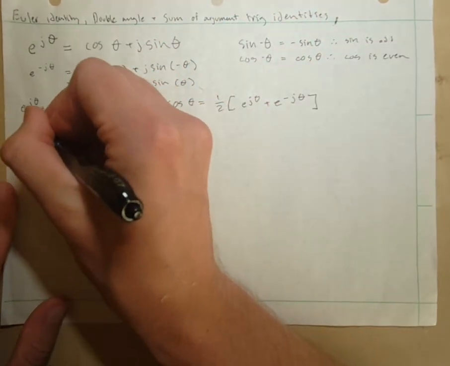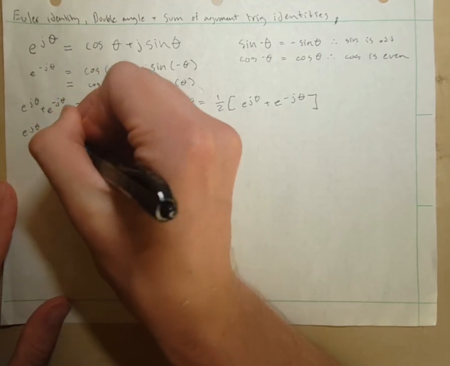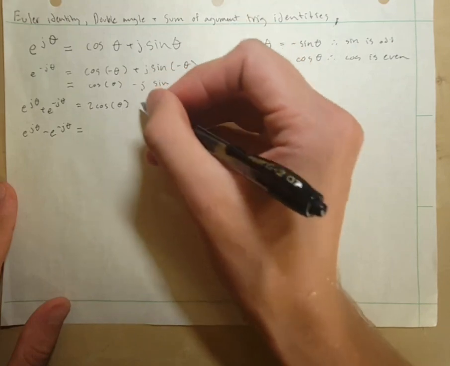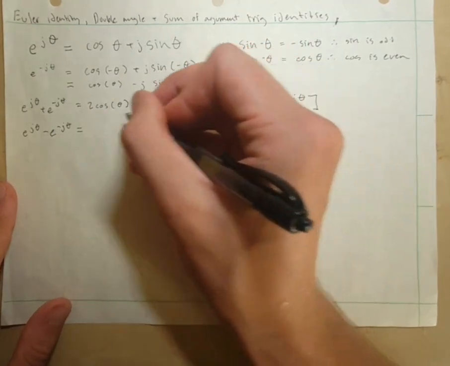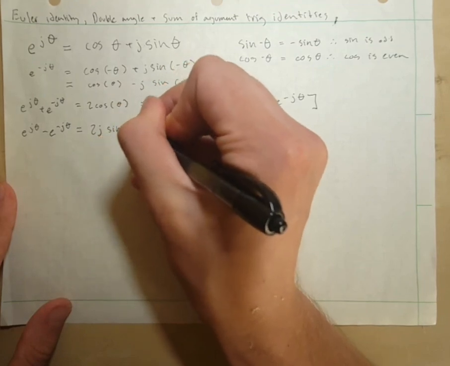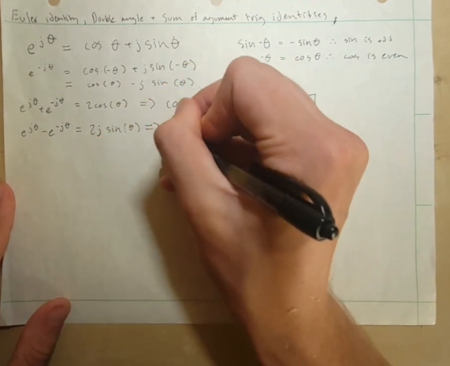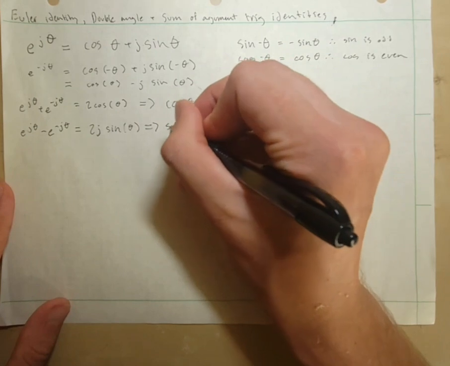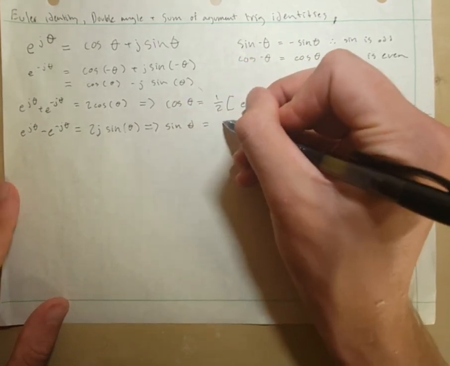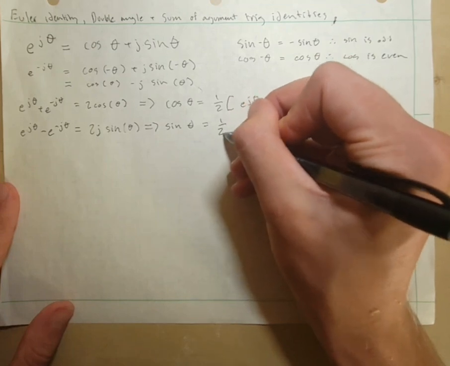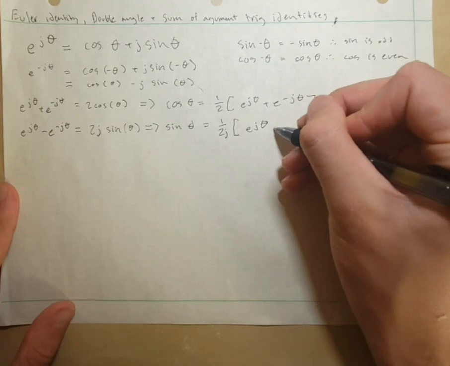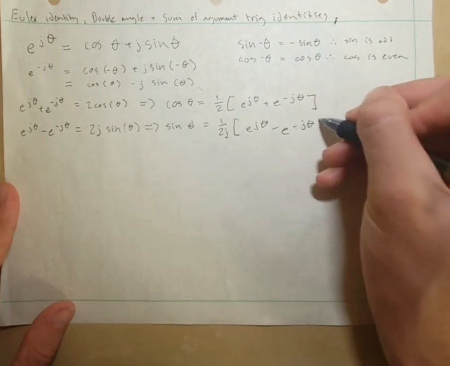If you do e to the j theta minus e to the minus j theta, the positive real cosine terms are going to cancel, and you'll get 2j sine of theta. And then to calculate sine of theta, you just have sine of theta equals 1 over 2j times e to the j theta minus e to the minus j theta.